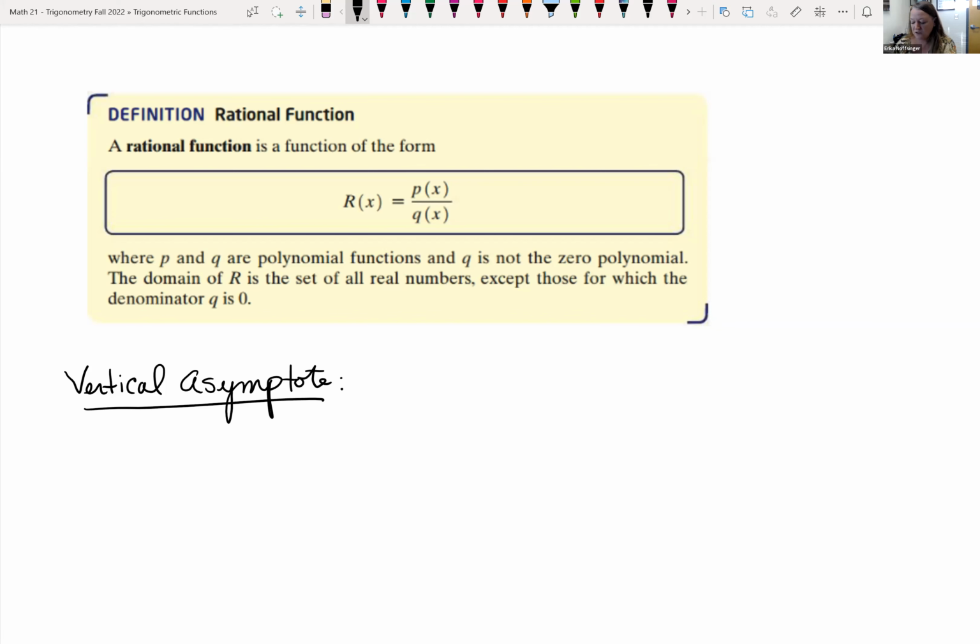So let's just define that really quick. So there's a vertical asymptote at, let's say, x equals a.